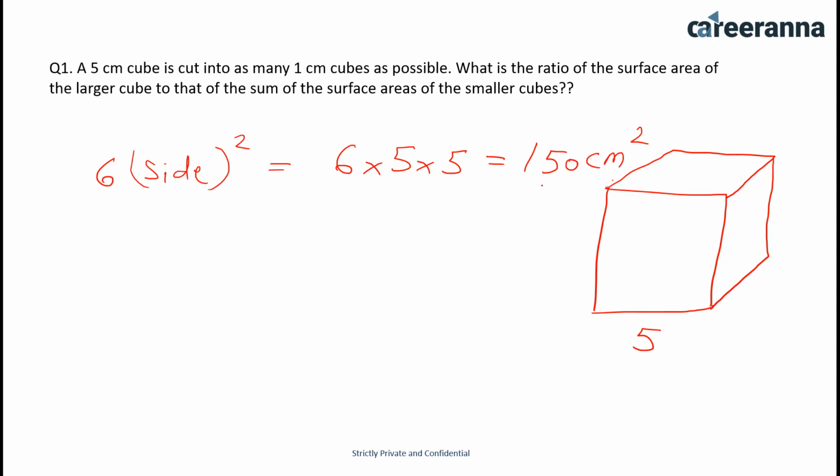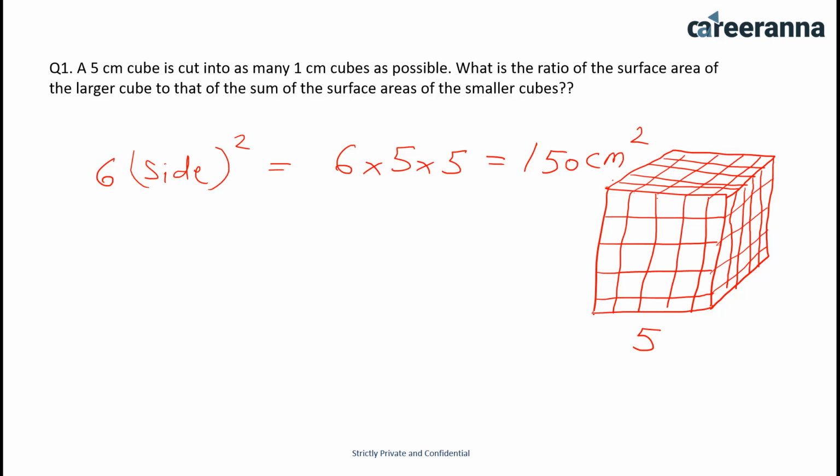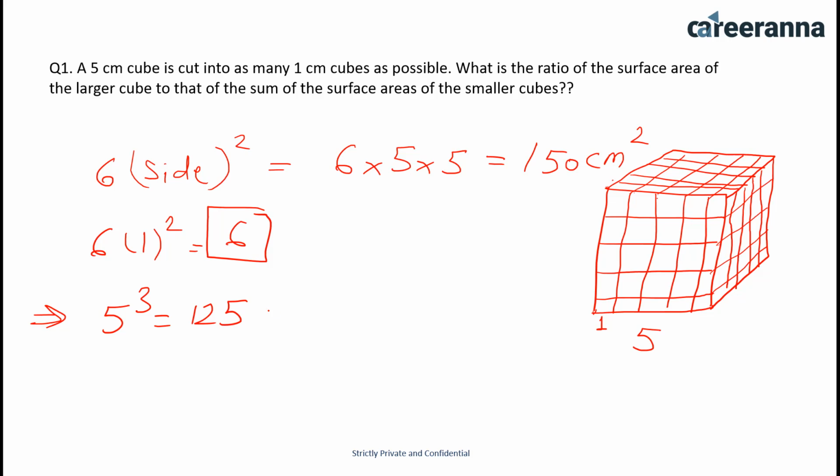Now it is being cut into smaller cubes of 1 centimeter. So for this cube, this is of 1 centimeter. Now surface area of this cube is 6 into side square, which is again 1 square, that is 6. Now in all, how many cubes are there? In all, I have 125 smaller cubes.